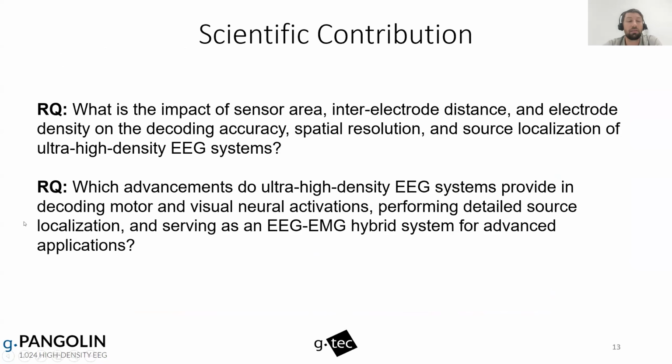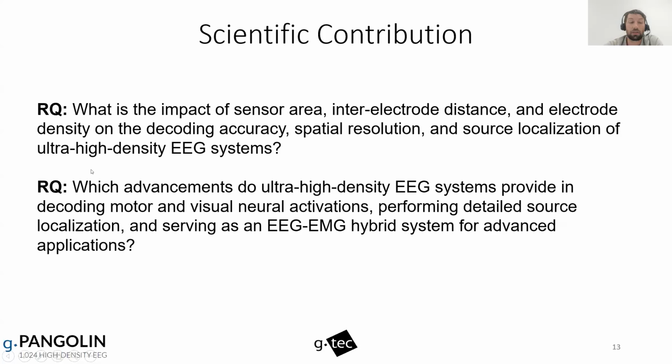And also the main research questions that we ask ourselves is, what is actually the impact of the sensor area, the inter-electrode distance, and the electrode density on the decoding accuracy, spatial resolution, and the source localization of the ultra-high density EEG systems?